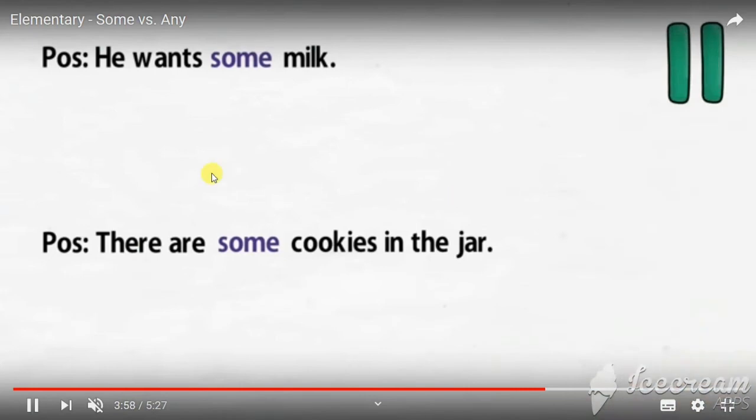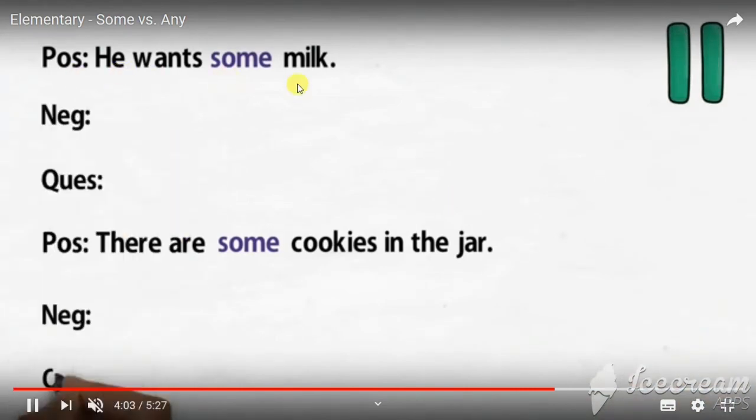Okay, if we have these two sentences, he wants some milk. There are some cookies in the jar. We want to change them into negative or a question. He wants some milk. We say that the word some is used with positive sentences only.